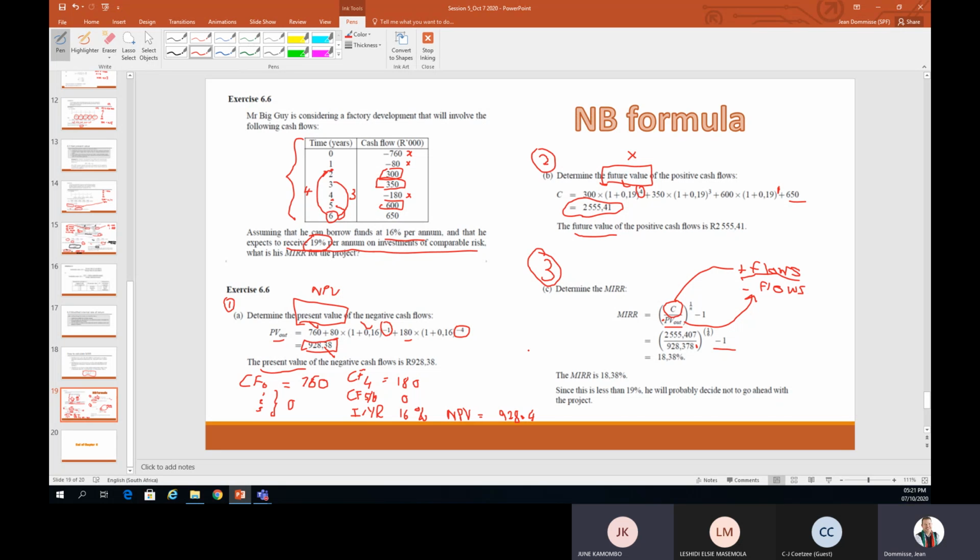Okay. Yeah. So I'll check if I can get one or two examples from previous papers as well, because with this one it's almost an exercise to know what to do when.